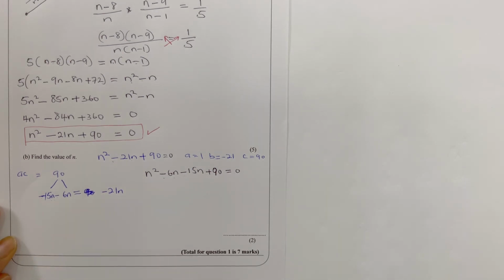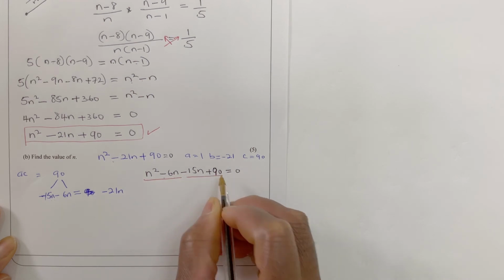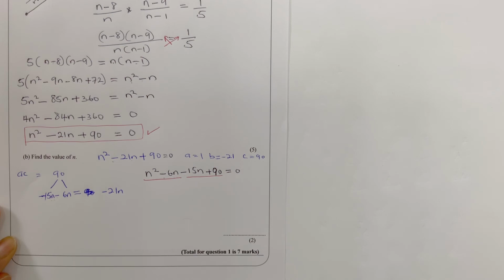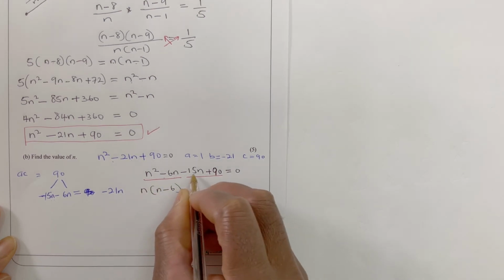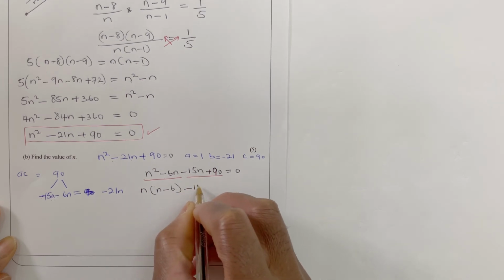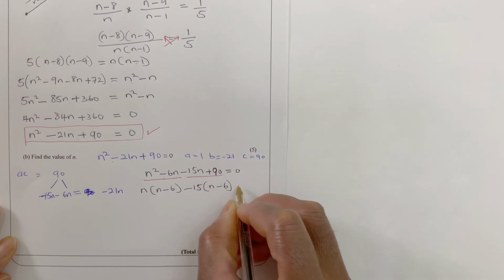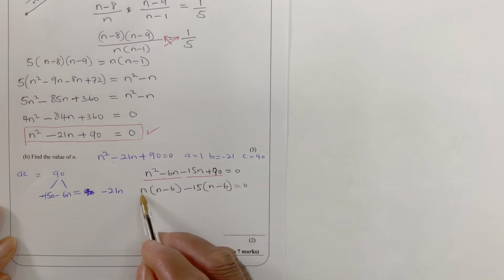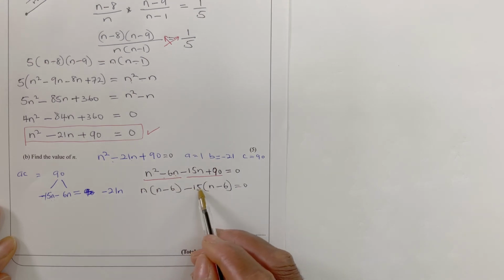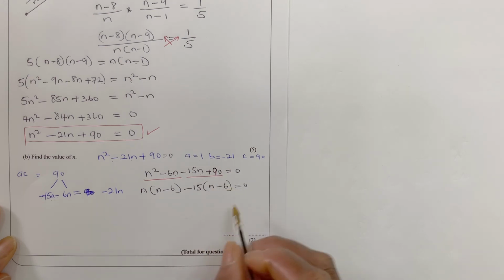Common factor: I can see the first common factor here, that's n, and another common factor is minus 15. So I could now write n in brackets n minus 6, and if I take minus 15 out, open bracket n minus 6, equal to 0. I can expand this to get that back: n times n is n squared, n times minus 6 is minus 6n, minus 15 times n is minus 15n, minus 15 times minus 6 is plus 90.